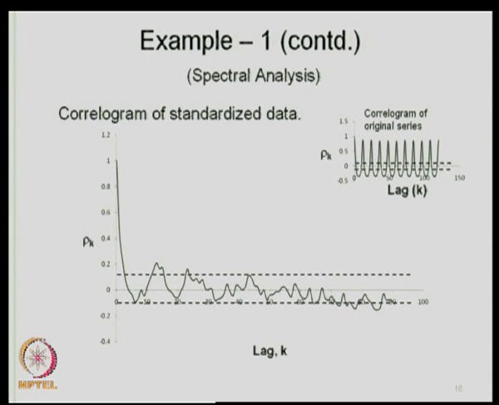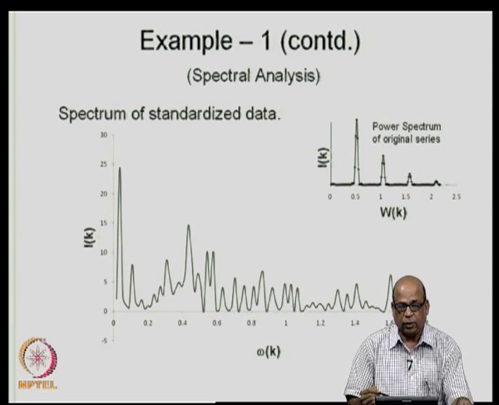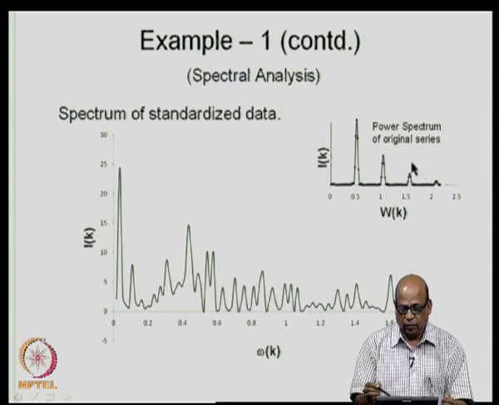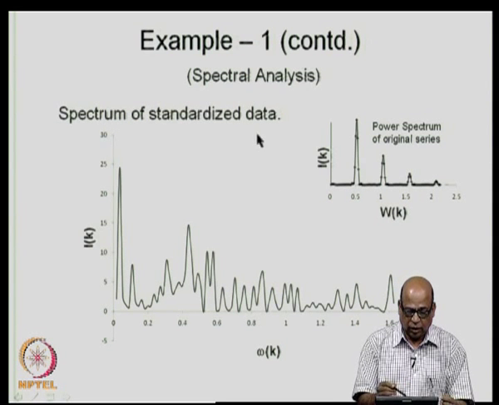This information can be seen better in the spectral density. If you look at the spectral density, this is how it looks. In your original series, the power spectrum looked like this, showing significant spikes corresponding to the periodicities of 12 months, 6 months, 4 months and 3 months. Whereas the spectrum of the standardized data looks much more random.